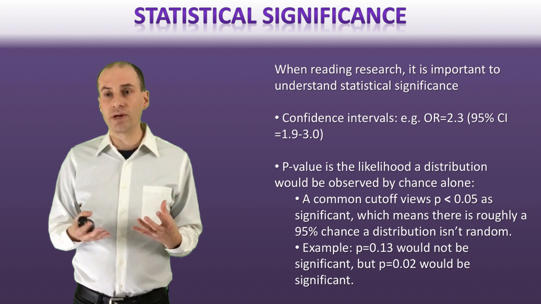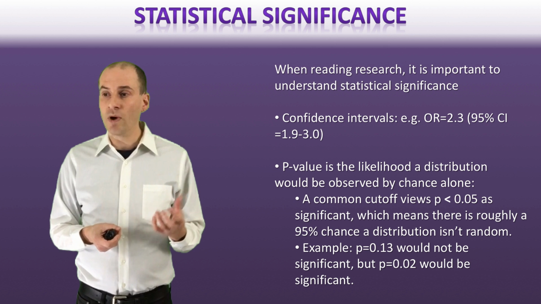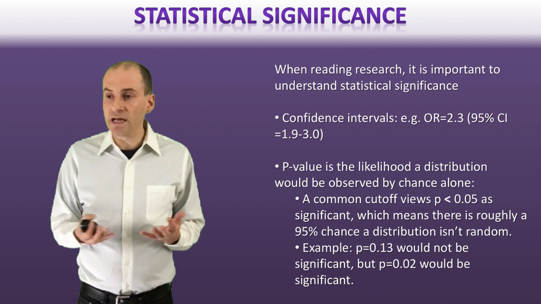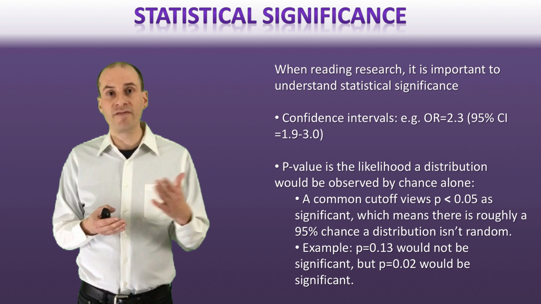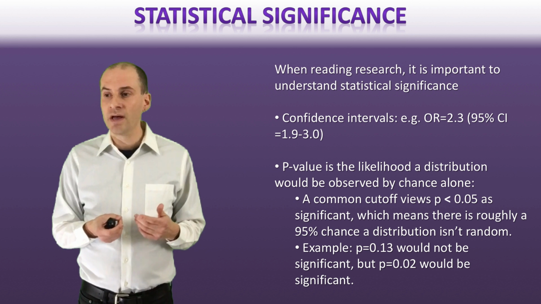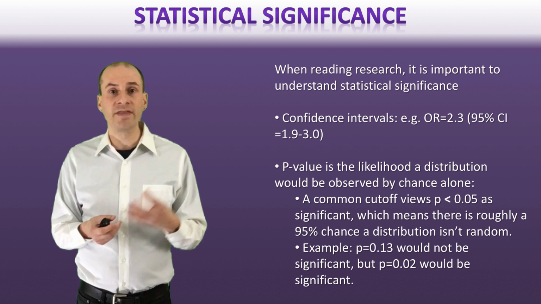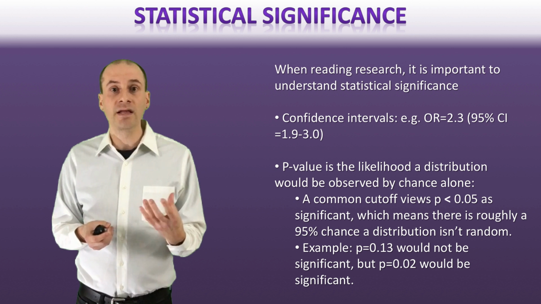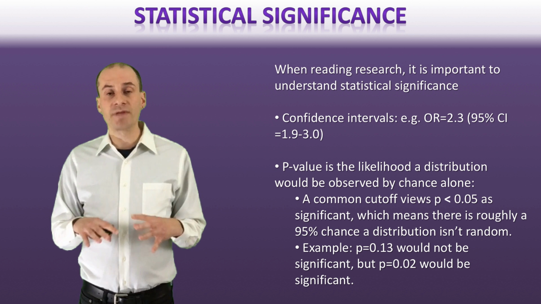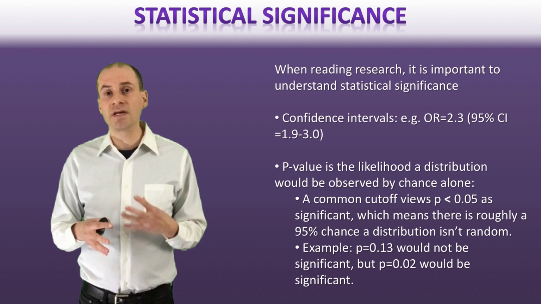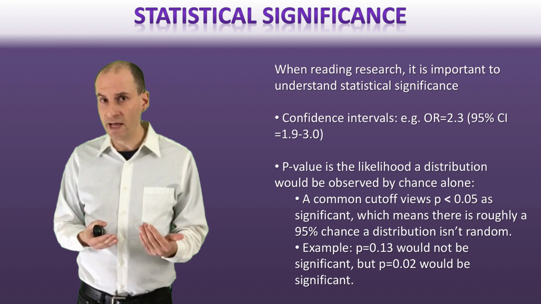So if you actually look at a paper, if you saw that a p-value is 0.13, that would suggest that it is not statistically significant, right? Because it's above that value of 0.05. However, if you see a p-value that's 0.02, well, that's below 0.05, and that's suggesting that it might be statistically significant. Okay. So this is just something that it's important for you to memorize, because as you're reading papers, it tells you what data to pay attention to and what not to pay attention to.